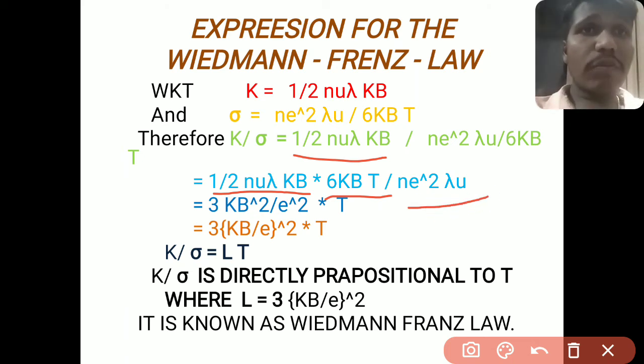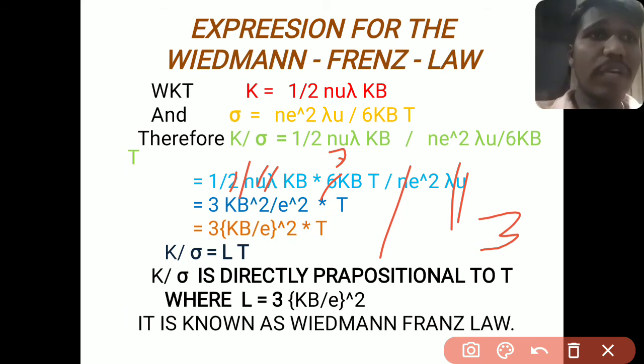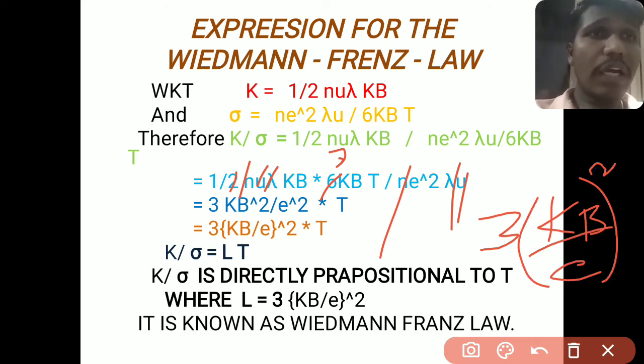Next the cancellations proceed: 2 and 6 give only 3. Then n cancels, u cancels, and lambda cancels. Only kB is left into kB, divided by e square, and only the temperature T is left.